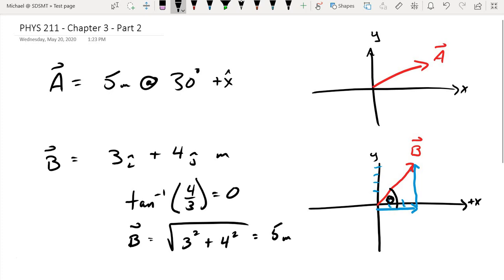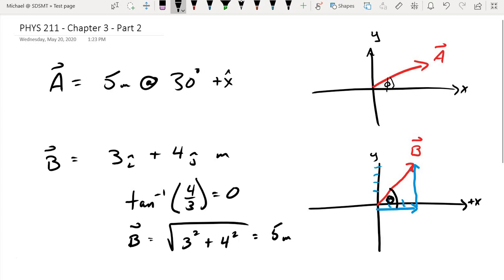However, for vector A, even though vector A has a magnitude of 5, it will not have the same x and y components as vector B, and that is because vector A is sitting at a different angle. I'll call that angle phi. It's sitting at a different angle from what vector B is sitting at.